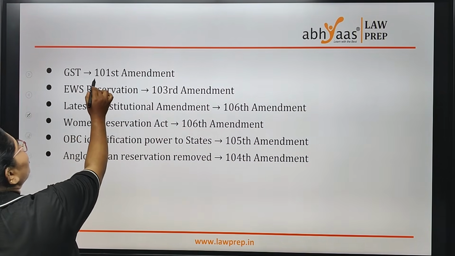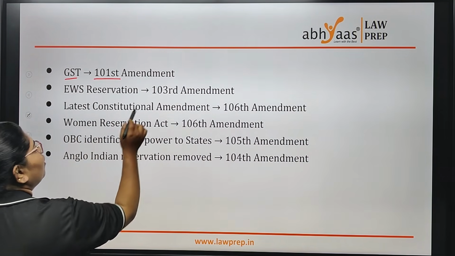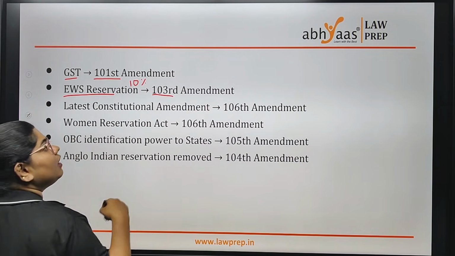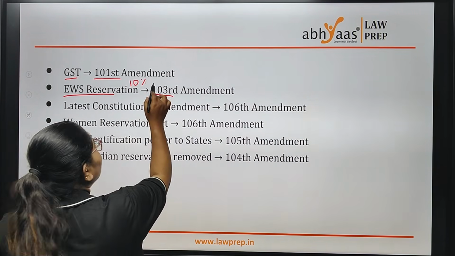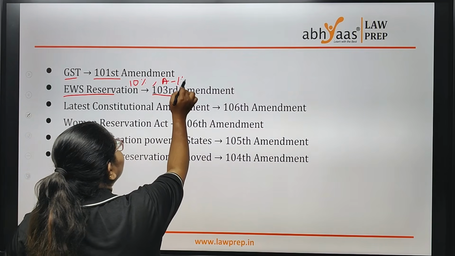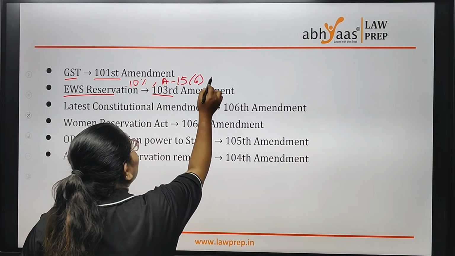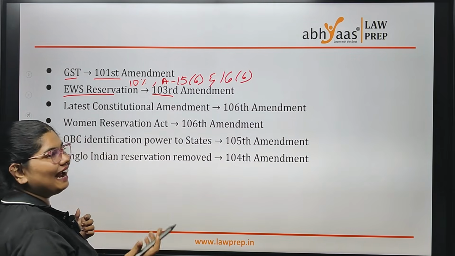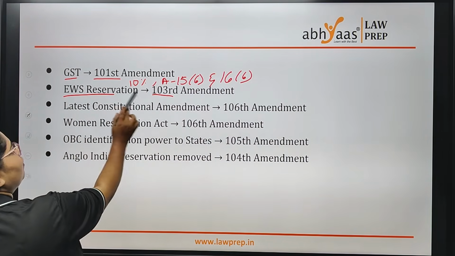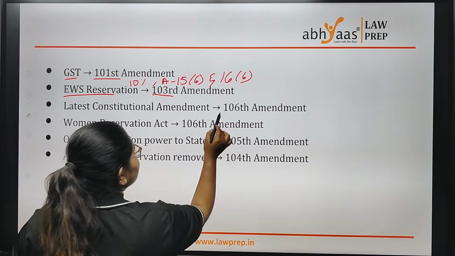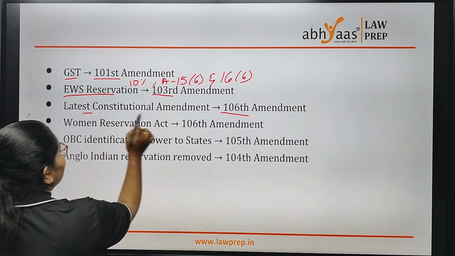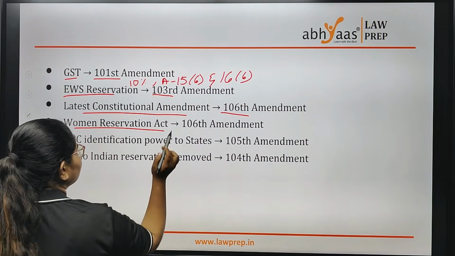And then 101 GST, 103 EWS, 10%, and if you want to remember more, Article 15 Clause 6 and Article 16 Clause 6 were added to your fundamental rights by 103rd Amendment. Then the 106th Amendment, the recent one, talks about women reservation.